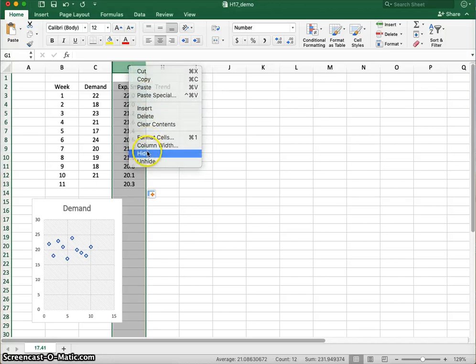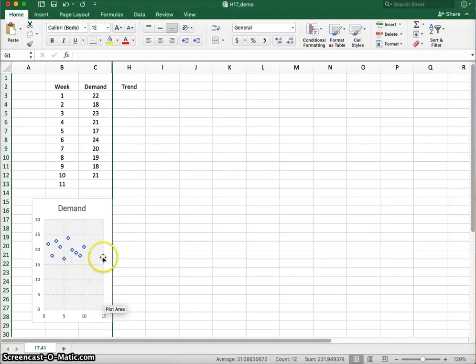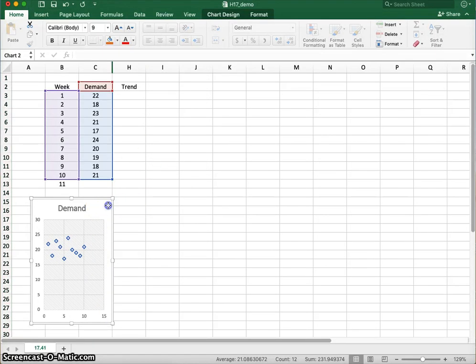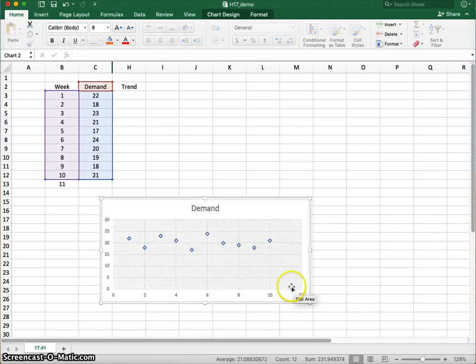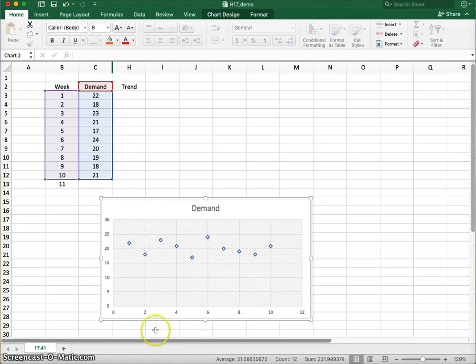Let me hide that one. And then finally, let me pull this graph out here. We're going to do trend analysis. Trend is just kind of regression using the week as the independent variable.